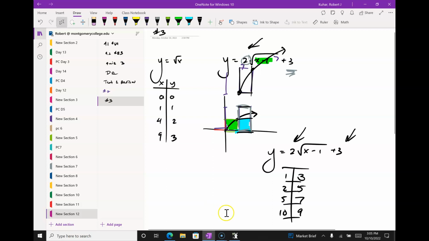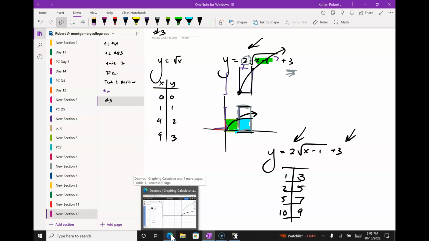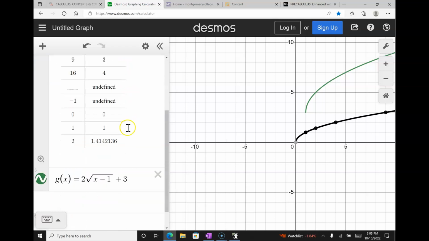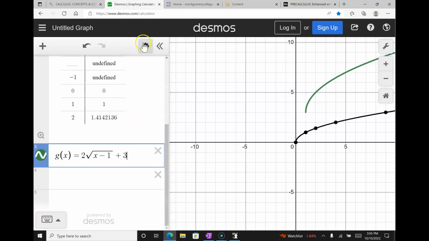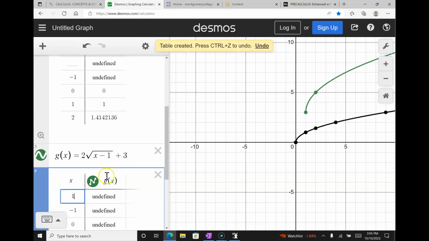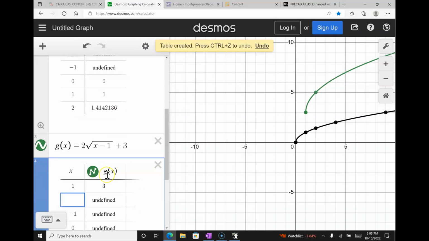Now, watch what I do. I go back to Desmos. Yes? We ready for this? I'm going to go back to Desmos, and I want to put in, for my other function, right? Click in the box, click on the gear, click on the table. I want to put 1 in, because that's where it told me to stop. And look, it's giving me the 3. And do you see what it plotted there? It plotted 1, 3.